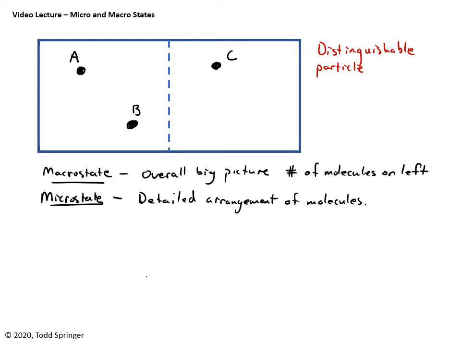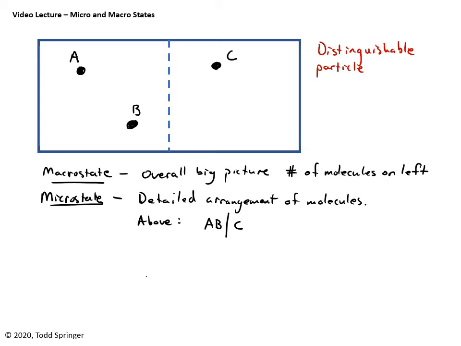So I'm going to say above, I'm in the following microstate. I'm in the state A, B on the left, and then C is on the right. So I'm drawing that line to tell me which ones are on the left and which ones are on the right. So that's an example of a microstate leading to the macrostate 2 on the left, right?